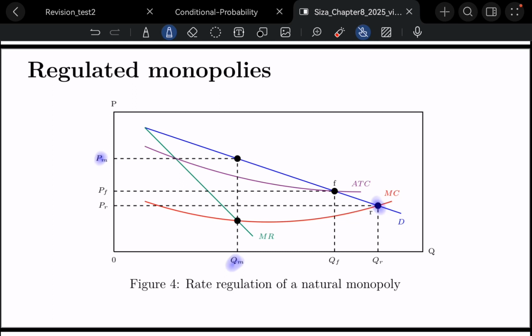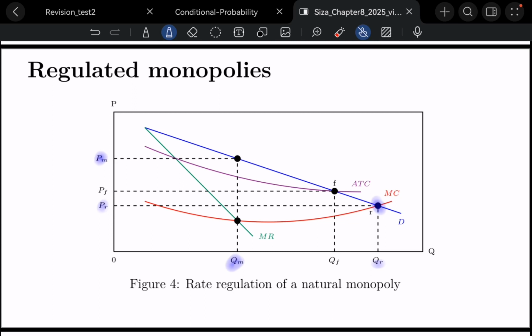So at point R, the quantity will be QR, and that will be a really large quantity, or at least the highest quantity that's produced, and then the price will be quite low at PR, again a low price. There's no deadweight loss because price is equal to marginal cost. So there we have full efficiency, right? So we are able to achieve full consumer surplus, full producer surplus, no deadweight loss.